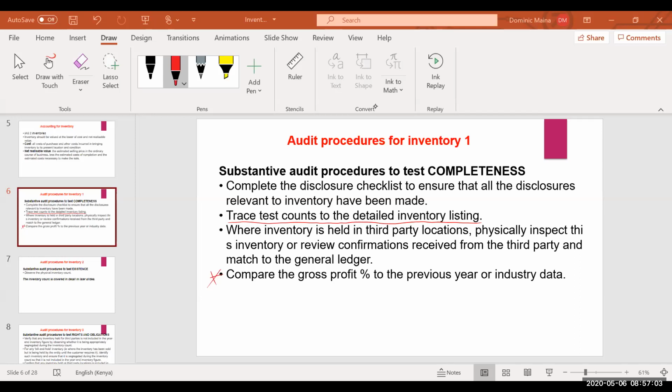Always remember, let me just remind you, how you prepare the P&L. Don't forget, in the classic P&L, you can have sales.